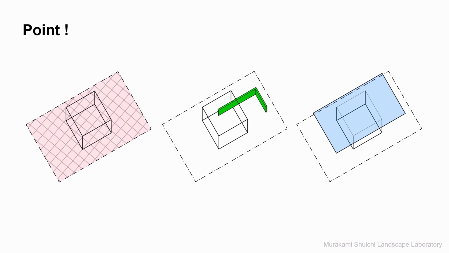From the works of pioneering landscape architects, we can understand that the key to creating unity between indoors and outdoors lies in setting the boundary lines of the floor, side, and canopy independently of the distinction between inside and outside. These boundaries can be freely drawn, not limited to the highly abstract forms shown here.